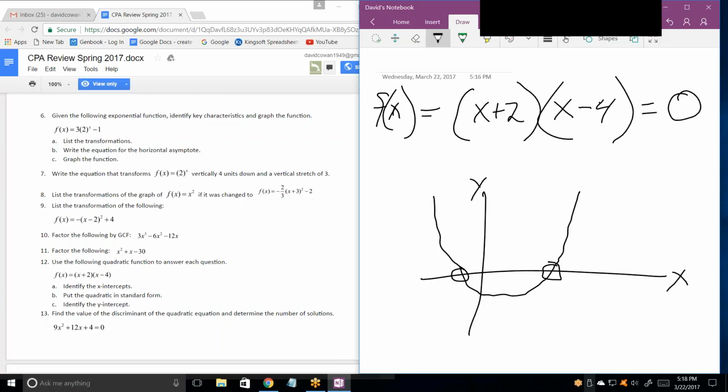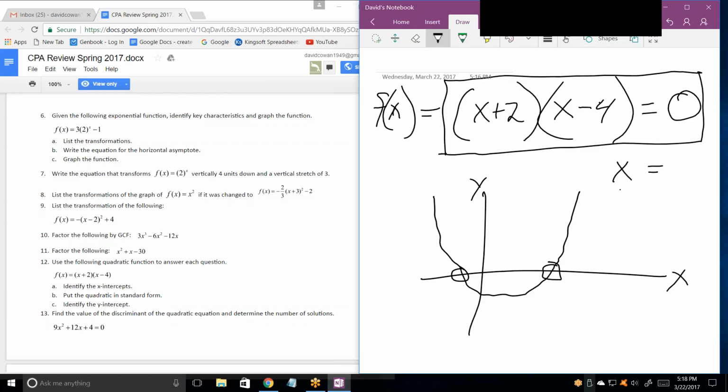Y is the same as f of x. Okay? So now I've got this equation, which will tell me what my x-intercepts are. What are they? The only way two numbers can be equal to 0 when you multiply them together is if one of them is 0. Has to be.